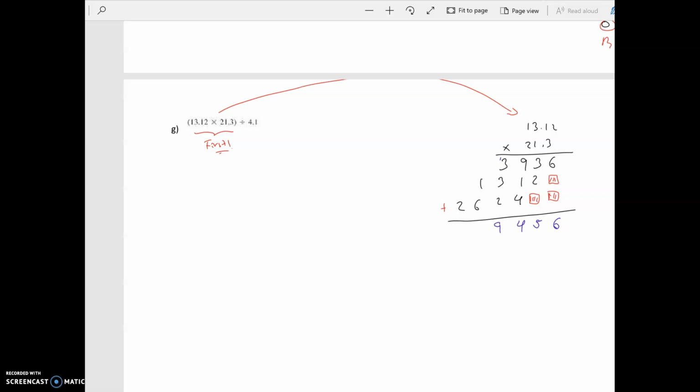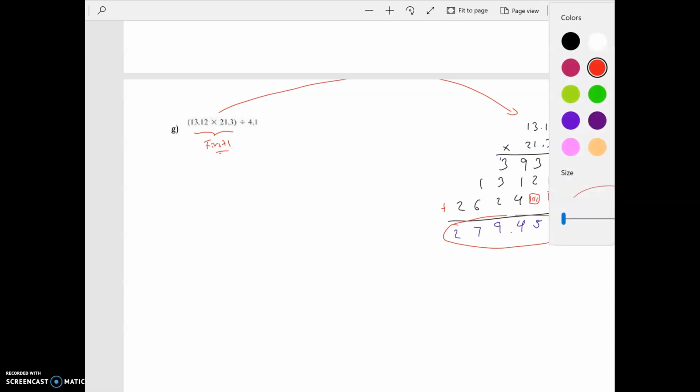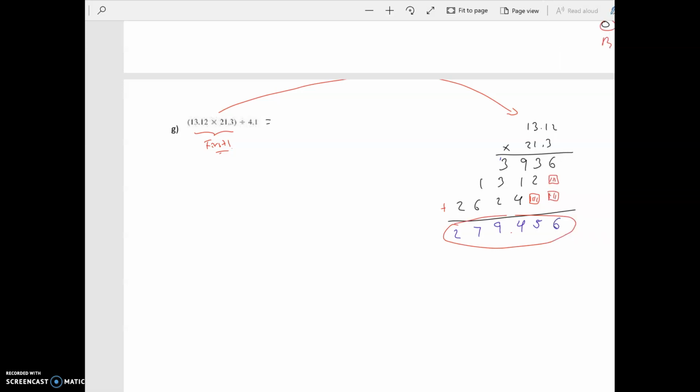Let me double check. 6, 7, 8, 9. 6 and 1 is equal to 7, and then a 2. So from our actual multiplication, I'm getting 3 decimal places. So I'm obtaining 279.456.